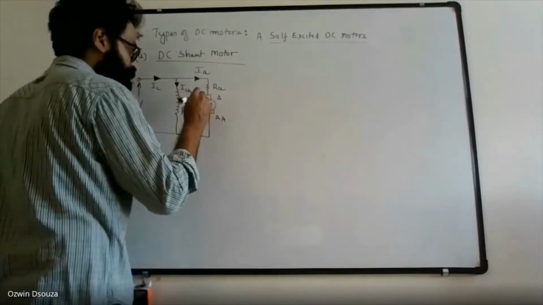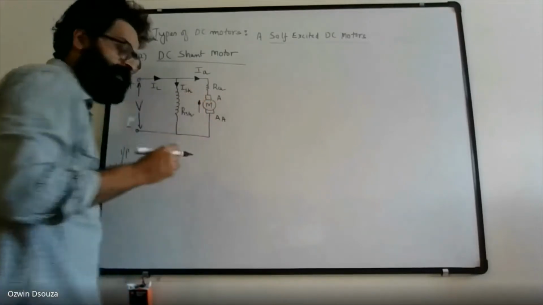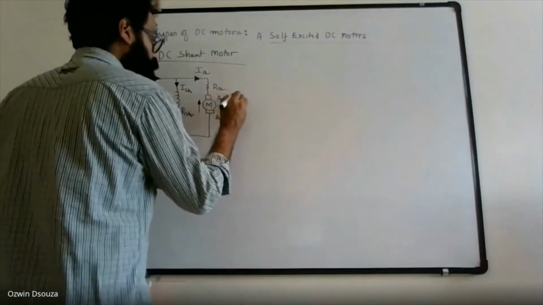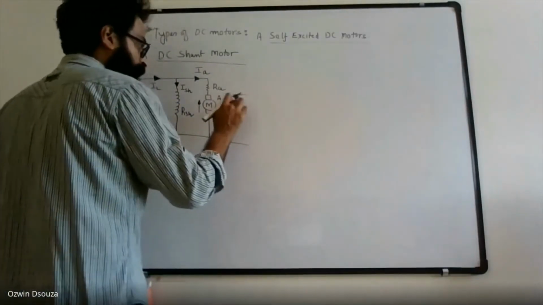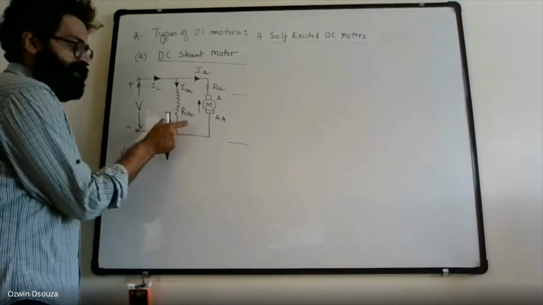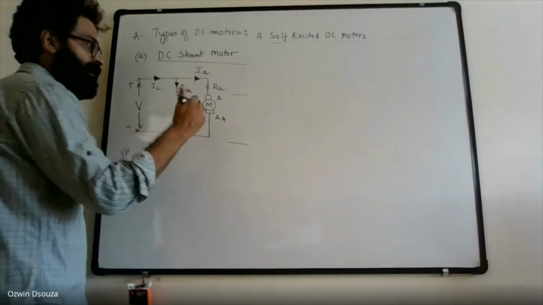You know that in case of a DC motor, there exists a back EMF. The back EMF is due to the rotation of the armature. When the armature rotates in space, it cuts the magnetic flux lines of the field winding, due to which there will be an induced EMF.